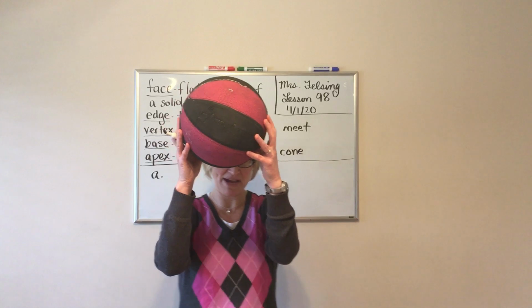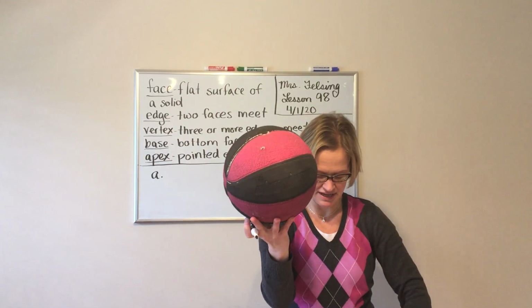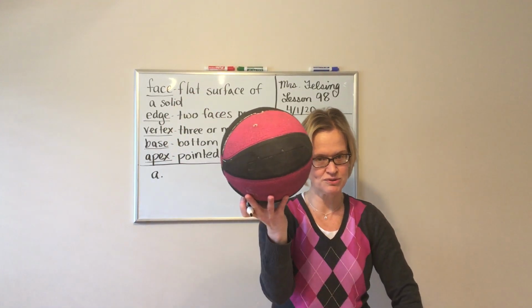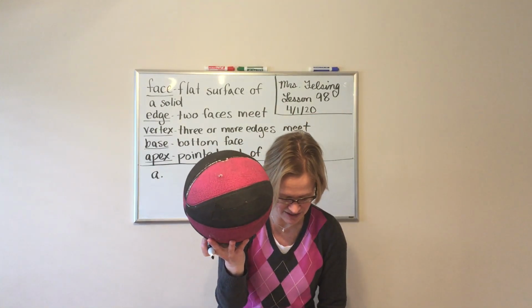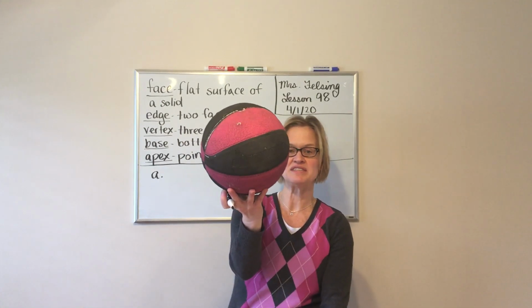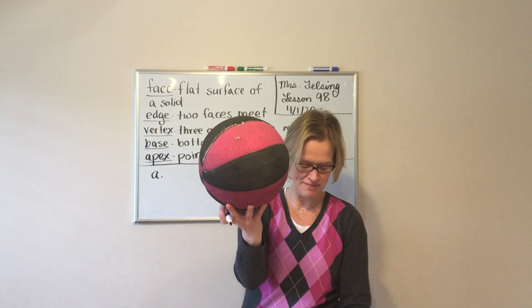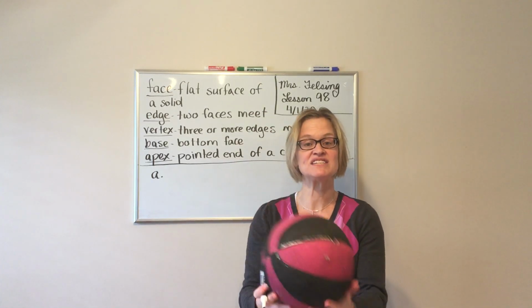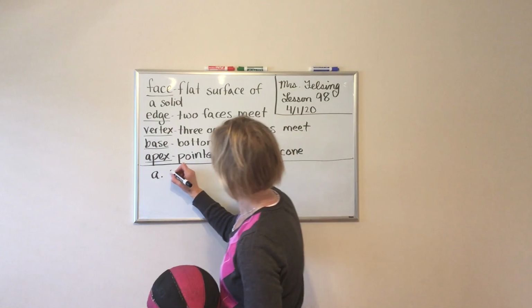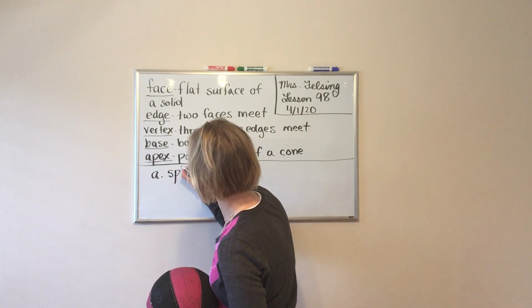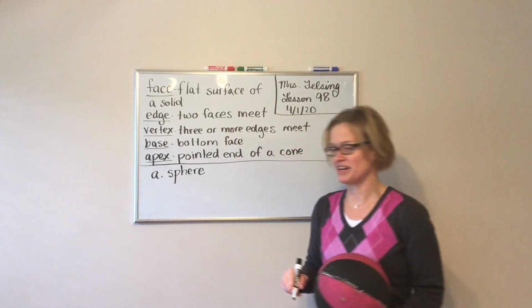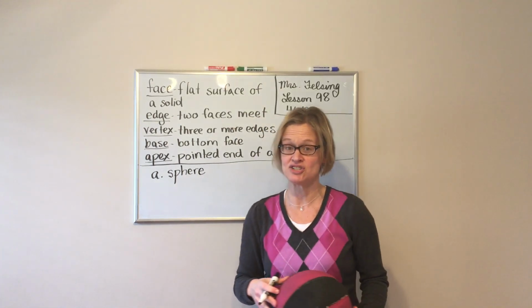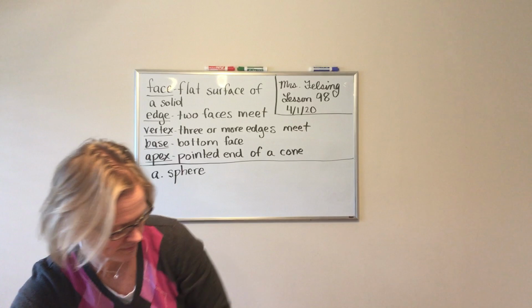All right, so we're going to take a look back. I'm not going to show you where it was labeled, so I want you to figure it out. So if we take a look back at 619, obviously we see that the shape that matches with the basketball would be sphere. So for letter A, I would write the word sphere. Please be sure that you spell that correctly because it is on that chart right in front of you.